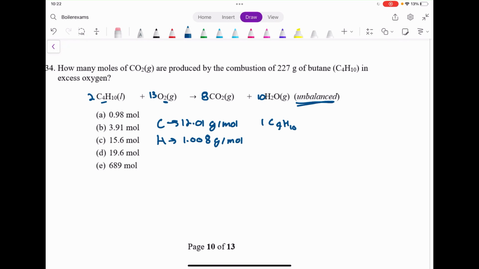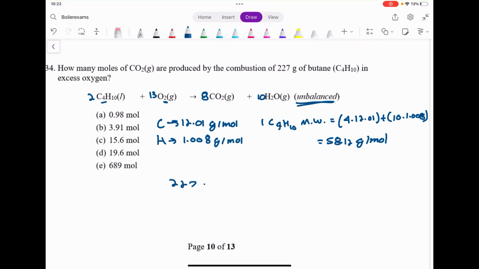So the molecular weight of this molecule is 4 times 12.01 plus 10 times 1.008. That's 48.04 plus 10.08, 58.12 grams per mole. Now we should have everything we need to solve.